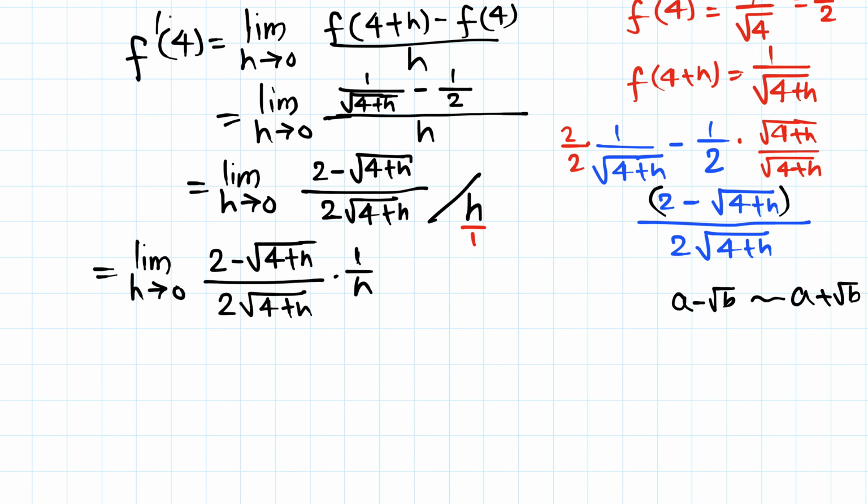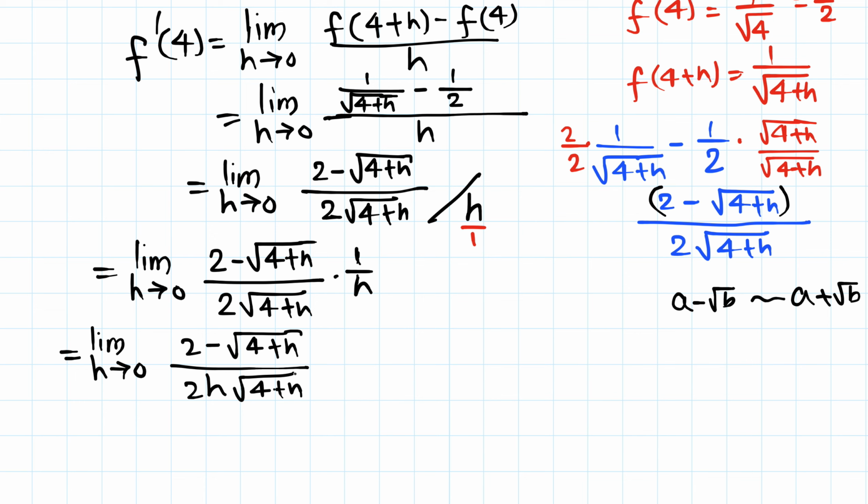So in the next step, let me write here, limit as h approaches 0. So 1 times this one is just 2 minus the square root of 4 plus h, over, on the bottom, 2 all in product, so 2h, and here comes the square root of 4 plus h.